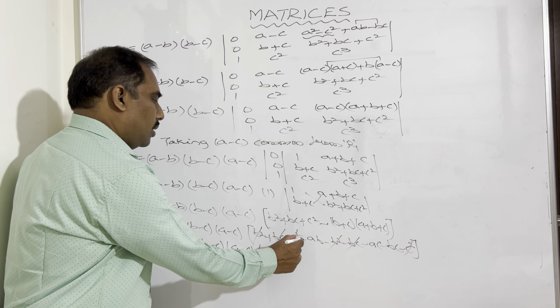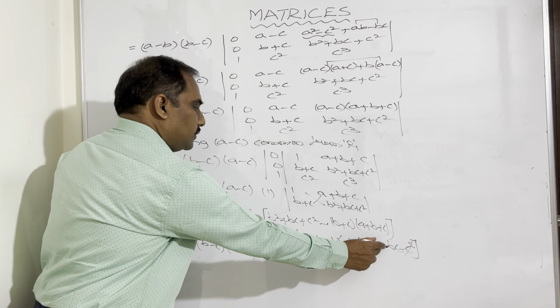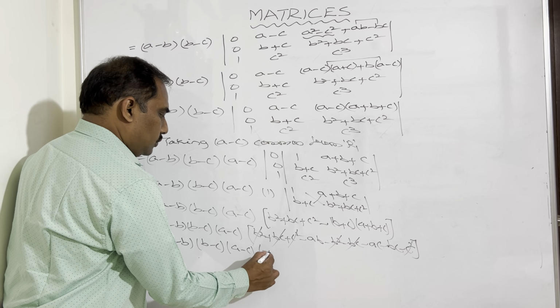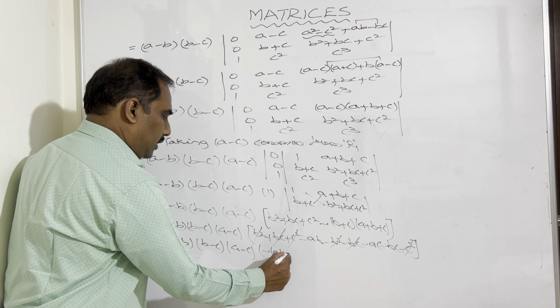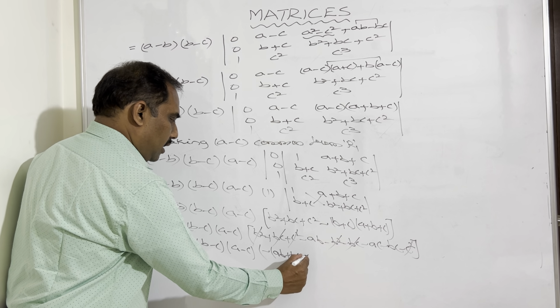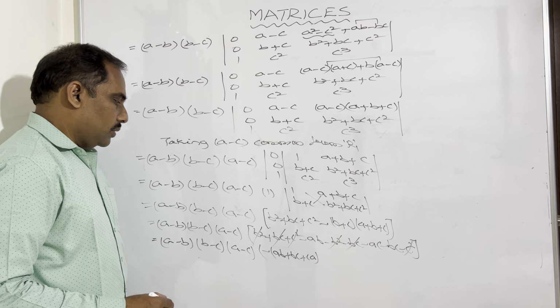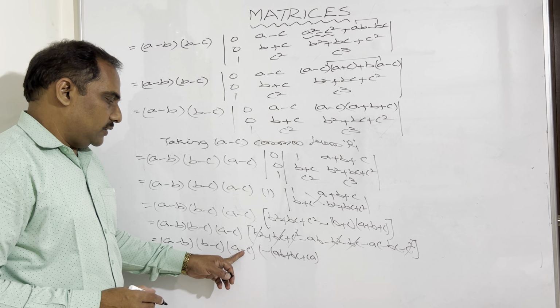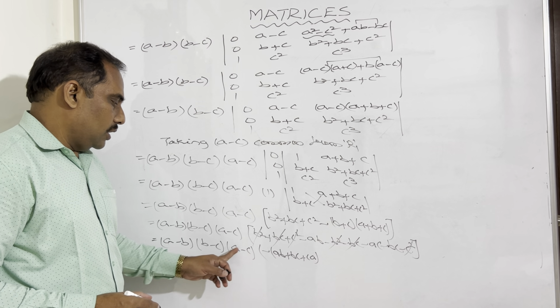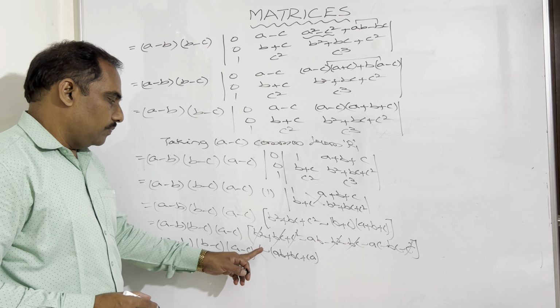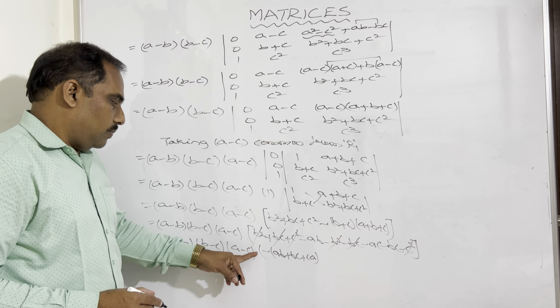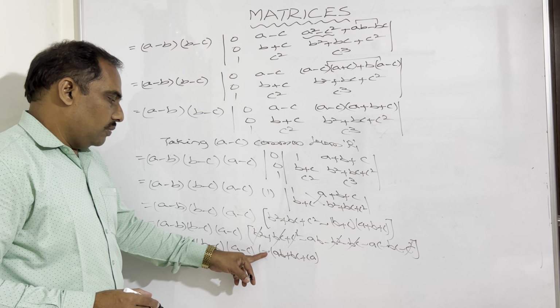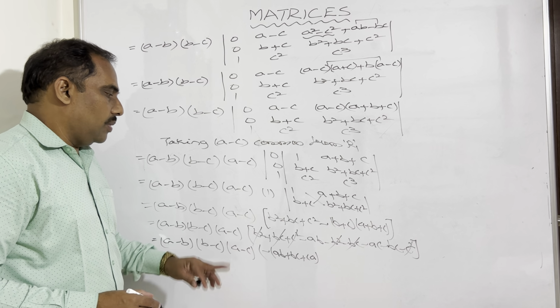So here minus ab minus bc minus ca. So minus of ab plus bc plus ca, if you take the minus common, then if you multiply with minus a here, this a minus b becomes c minus a. When you multiply this a minus c with minus, we get c minus a.